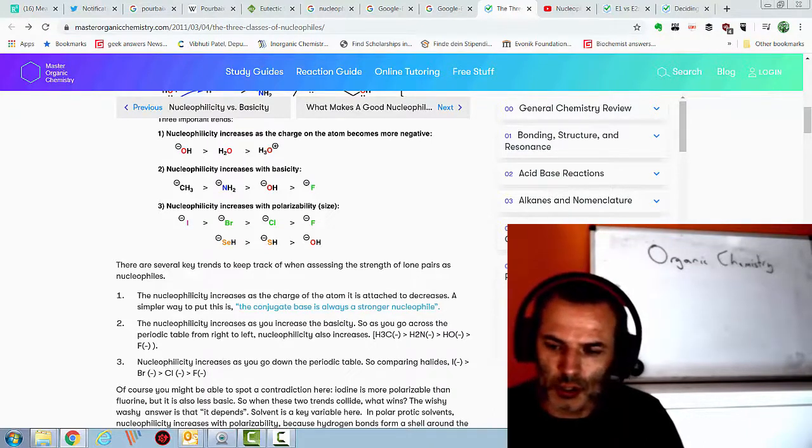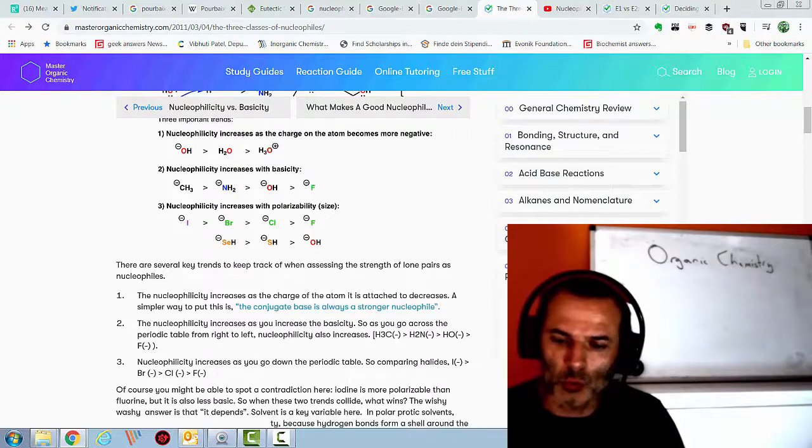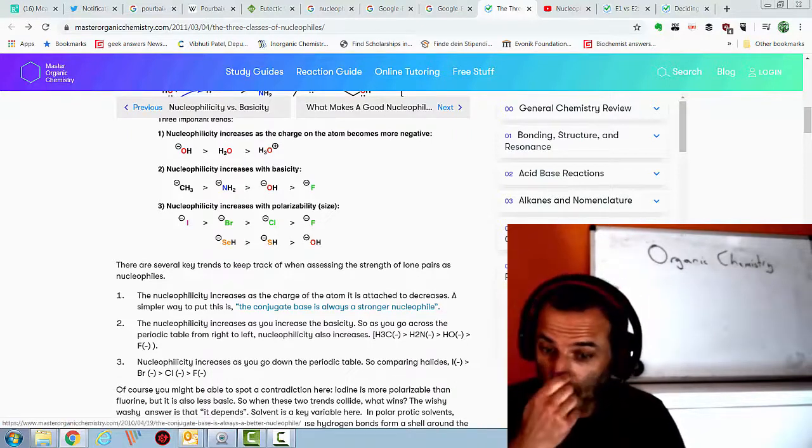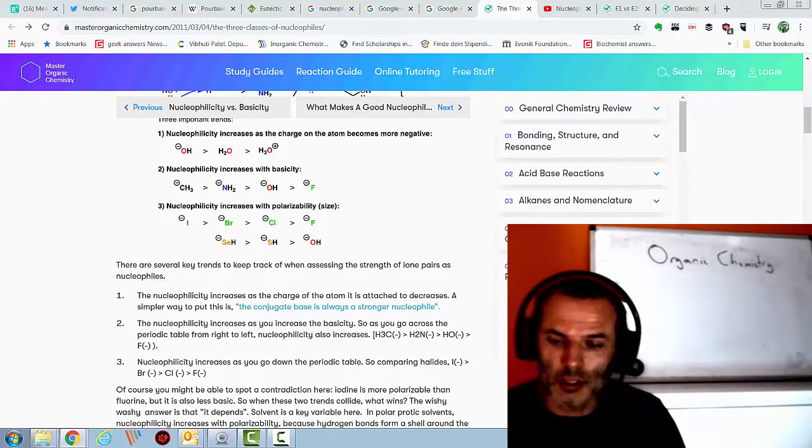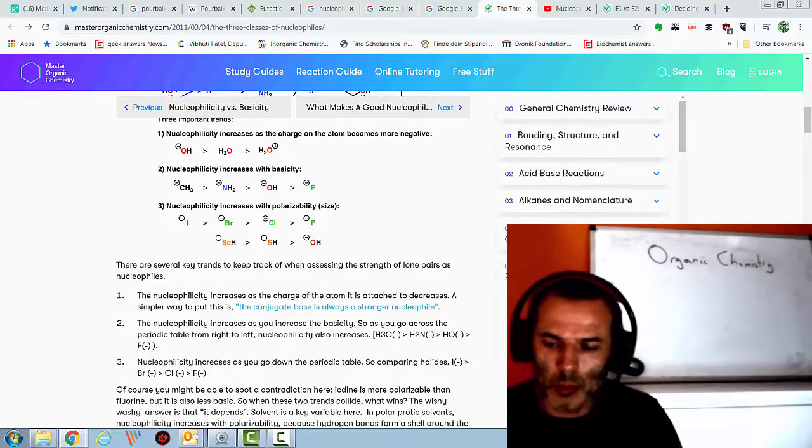So they've put it as the charge decreases, so it becomes more negative or it becomes less positive. The nucleophilicity increases as you increase basicity, which I would say is actually 2 and 3, because if we compare the halides, the iodide is more basic than the bromide, which is more basic than the chloride.